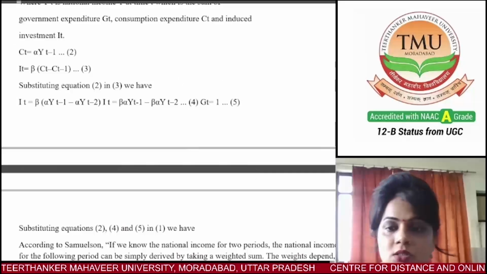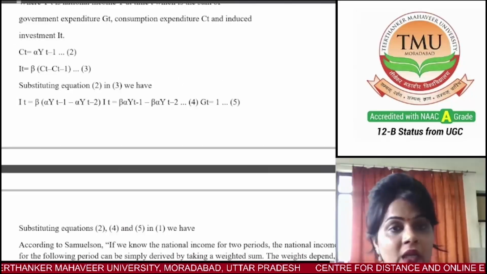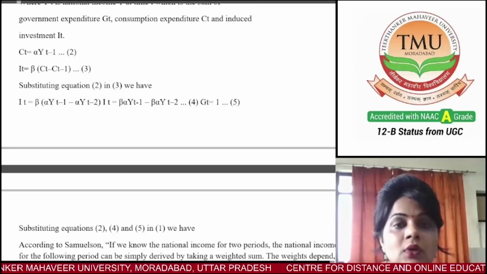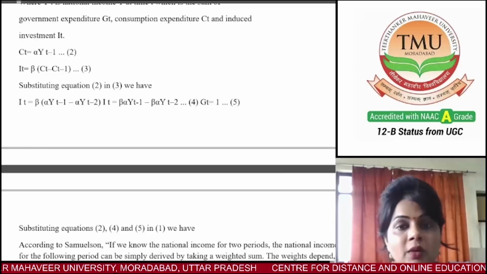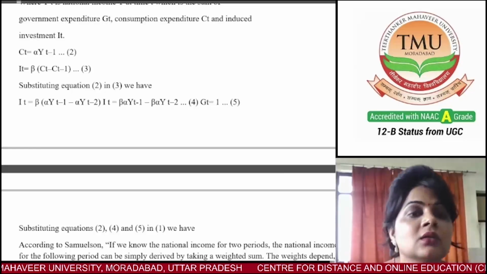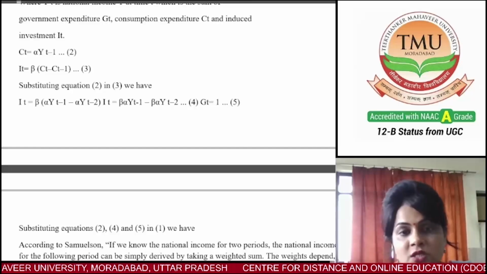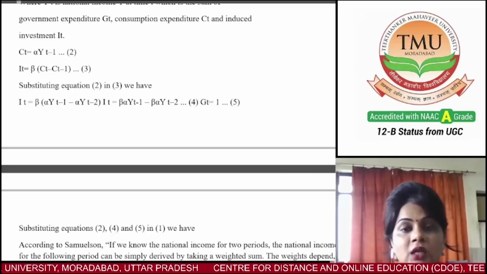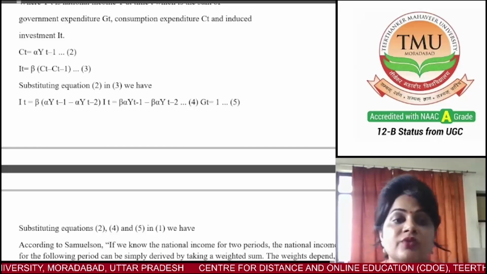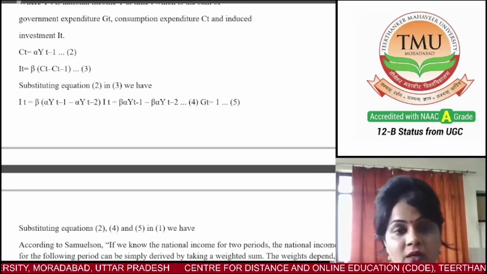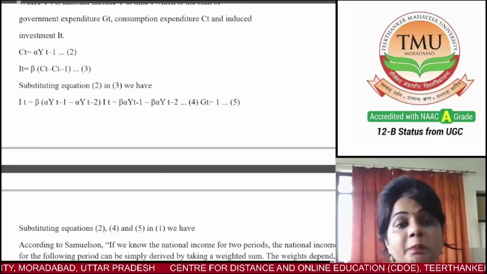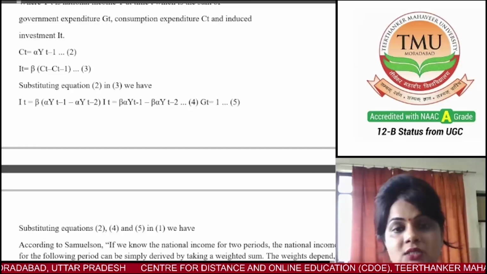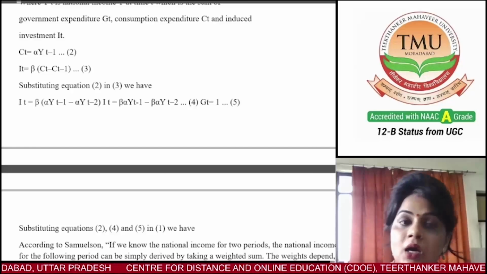Here YT, CT, IT stand for income, consumption and investment respectively for a period T, and GT stands for autonomous expenditure. Above, it is evident that consumption in period T is a function of income of the previous period, YT minus 1. That is a one period lag, as we assume, for income to determine the consumption of a period.